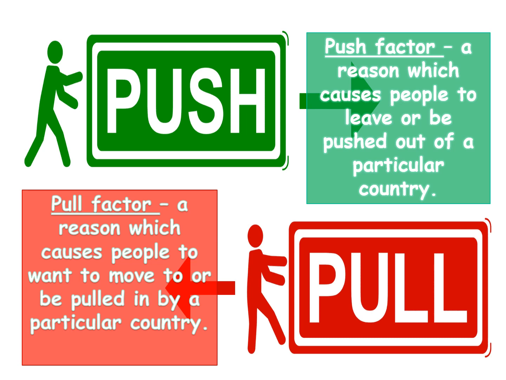And you can give an example if you can think of one. So it might be political reasons push them out, or maybe a company closes down and they lose their job, maybe.